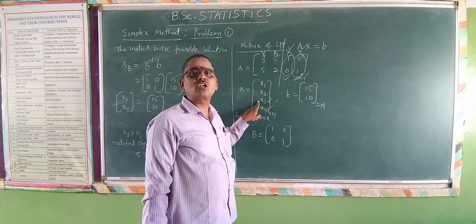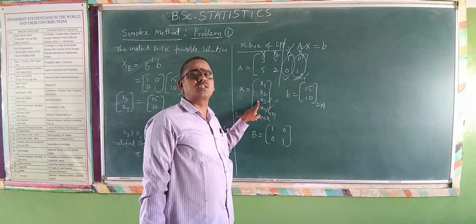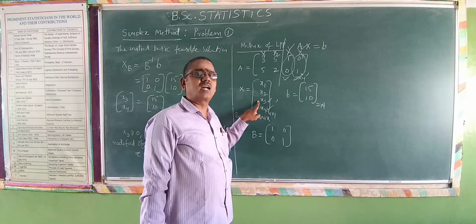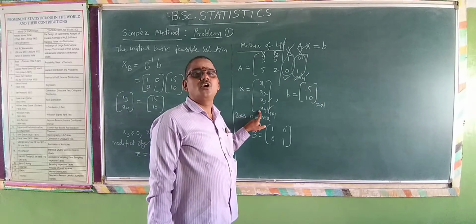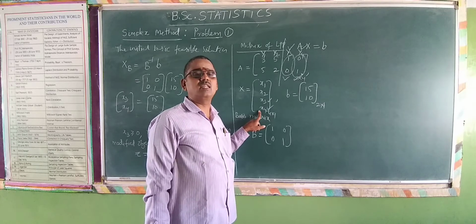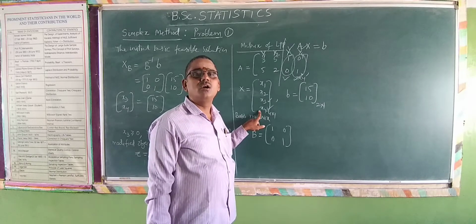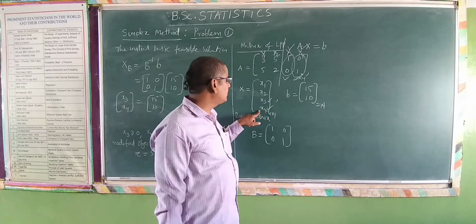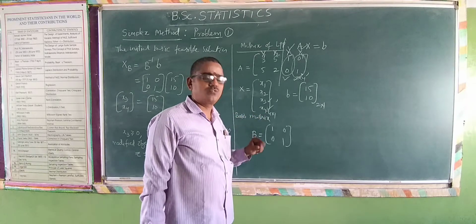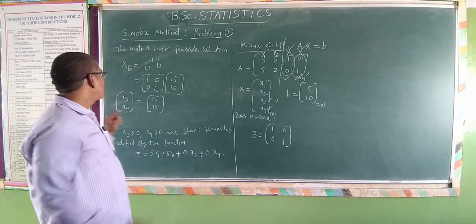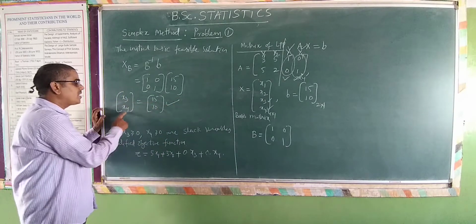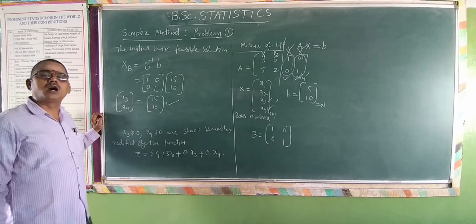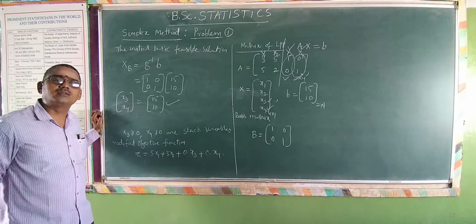It consists of all coefficients of x3 in all equations of the constraints. Similarly, y4 corresponds to x4. So xb, that is x3, x4, is equal to 15 and 10. That means x3 is equal to 15, x4 is equal to 10.